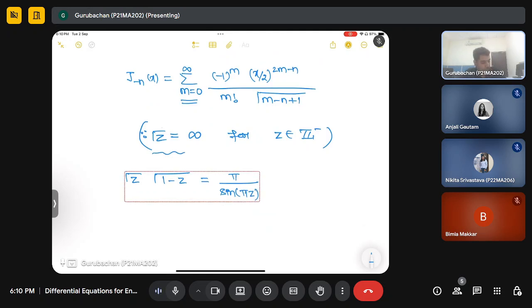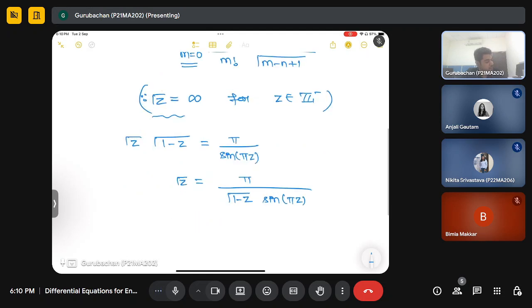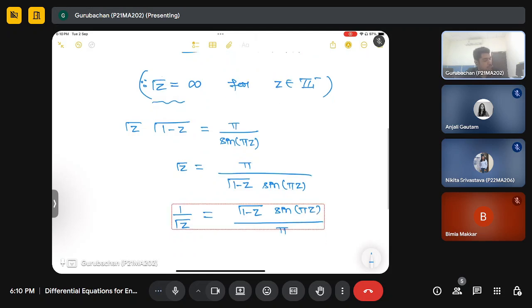We may rewrite it as gamma of z equals pi divided by gamma of 1 minus z times sine pi z. Next, 1 by gamma of z will be gamma of 1 minus z times sine pi z divided by pi.